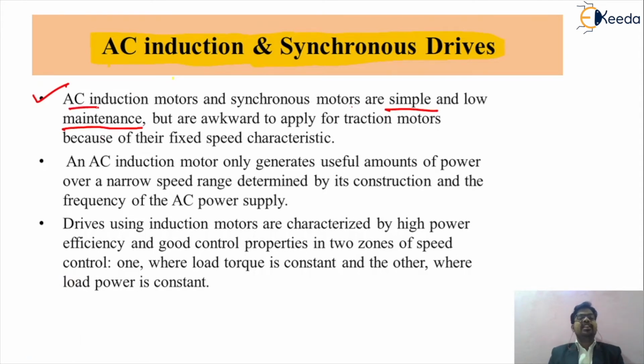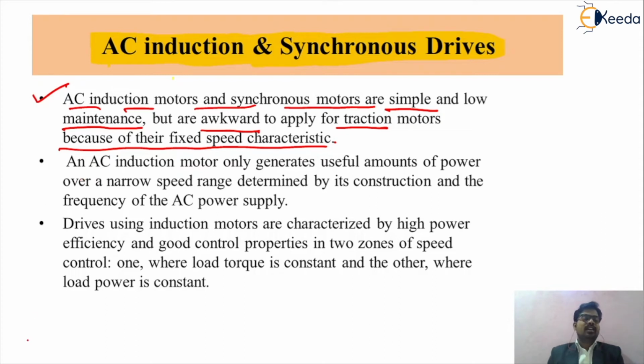But a property of the induction motor and the synchronous motor is that their fixed speed characteristics matter when applying them as a traction motor. This is the property of the synchronous drive, that it rotates at constant speed, so sometimes we do not prefer such a drive system for traction.